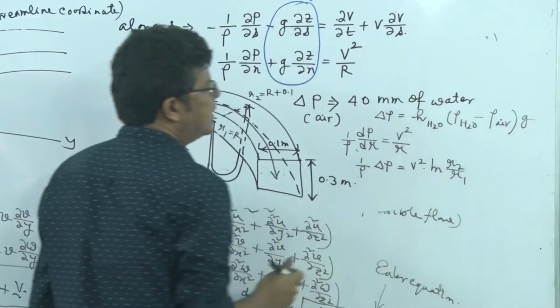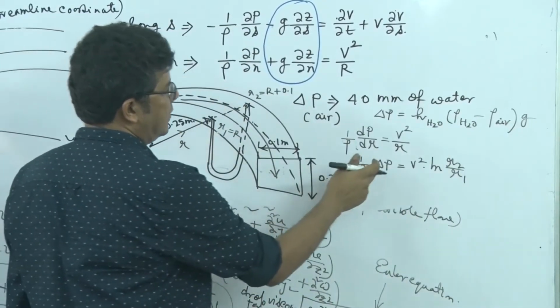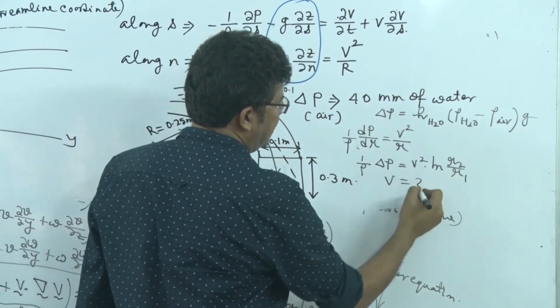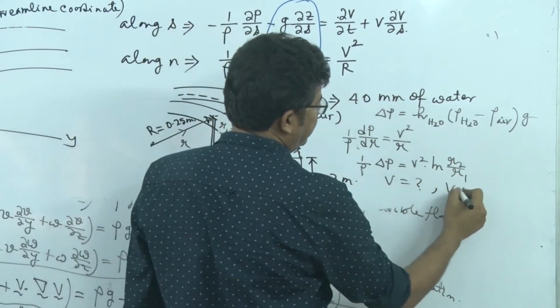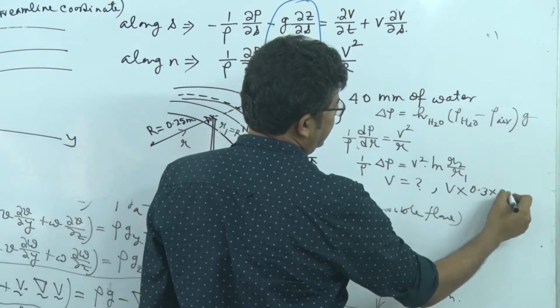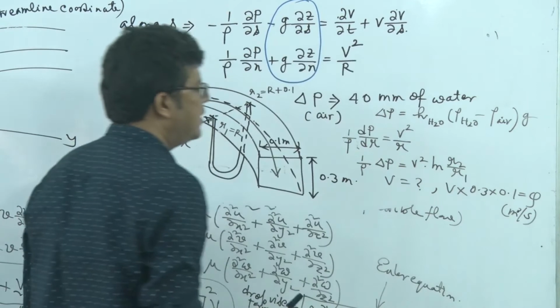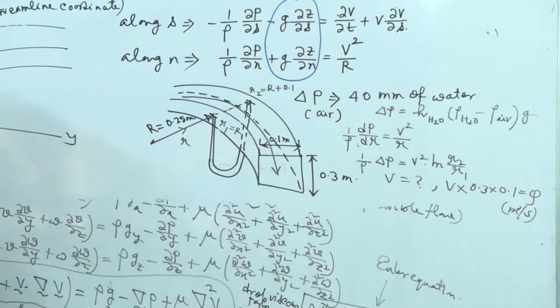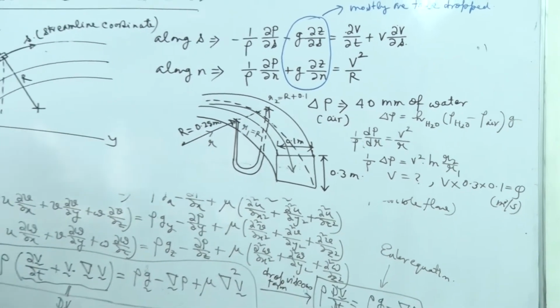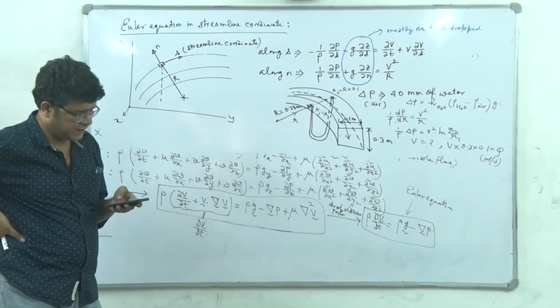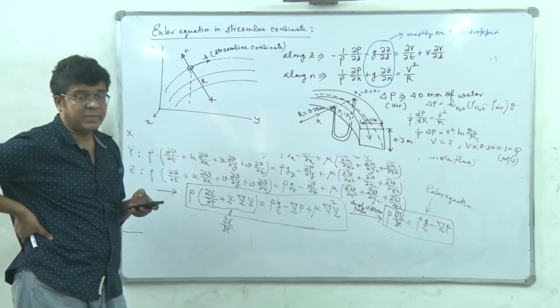So we can solve for this delta P, and substitute it here. R2 and R1 are known. We can solve for V, and V multiplied by 0.3 into 0.1 will give you the flow rate in meter cube per second. So this is the typical application of Euler's equation, which we can use here in order to solve for flow rate from a different type of measurement.